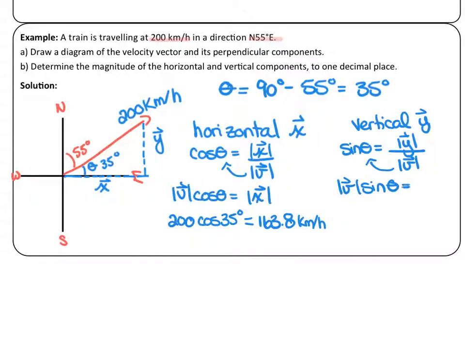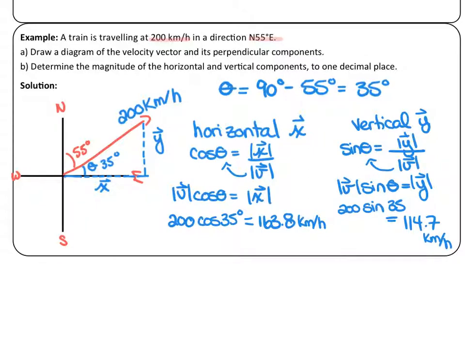I hope it's all coming back to you guys, because we just finished it. We'll do 200 times sine of 35, and this one gives us 114.7. And that's kilometers per hour. So that's how you do it.